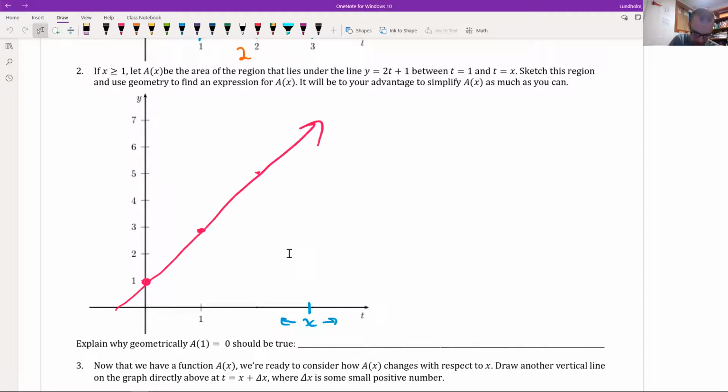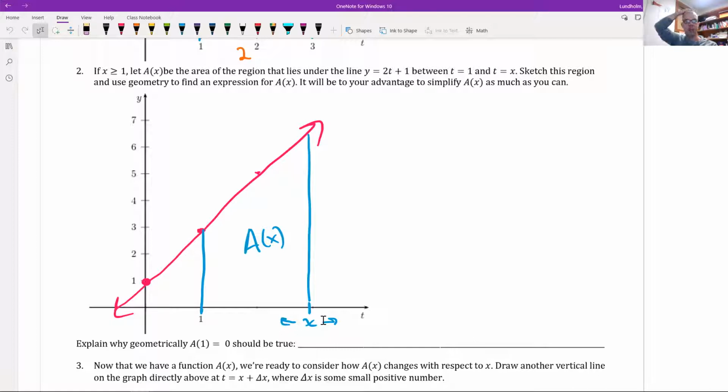The idea is we want to create a function that when we input some x value, we get the area out as the output of that function.